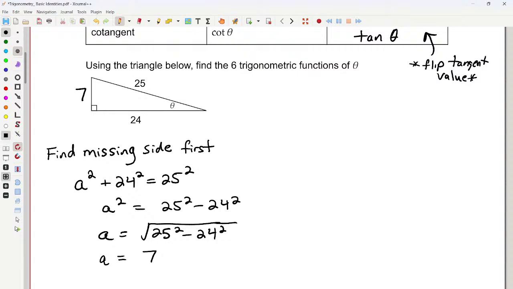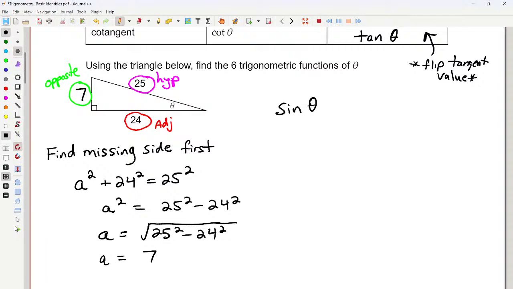Once we have all 3 parts of our triangle, we'll start with what we know, SOHCAHTOA. This is opposite of theta. This is adjacent to theta. And that's our hypotenuse.